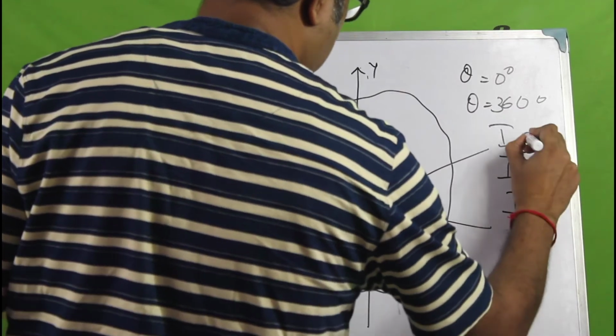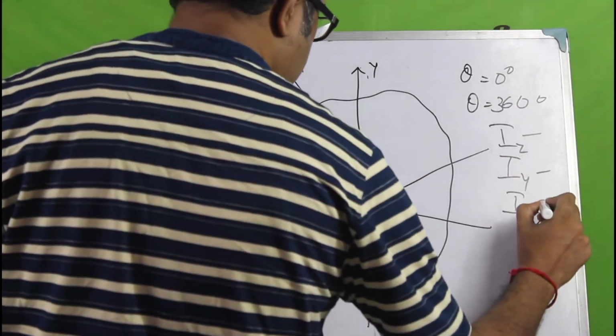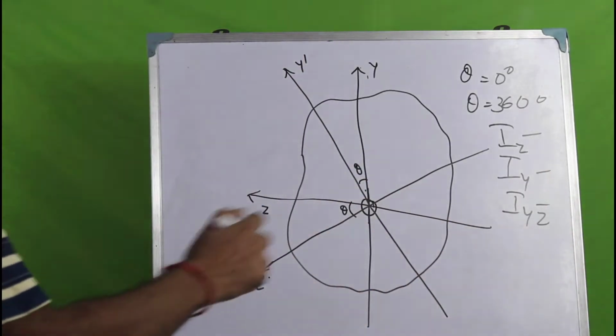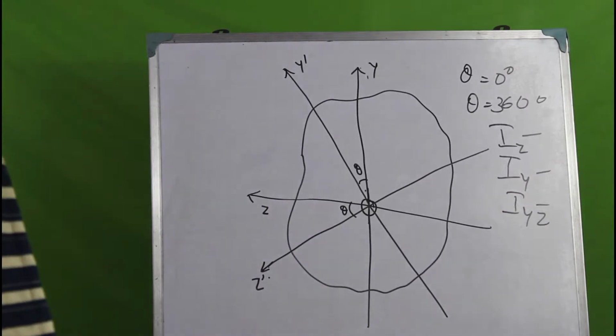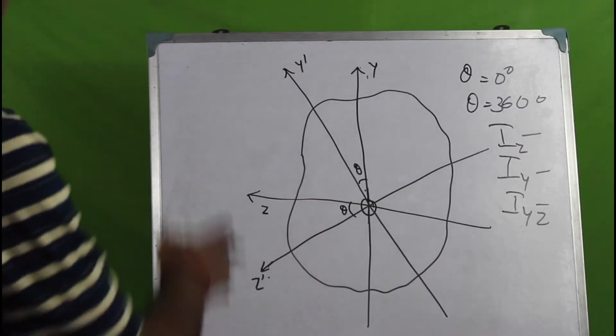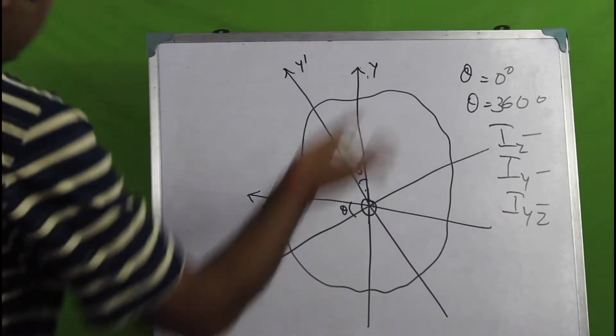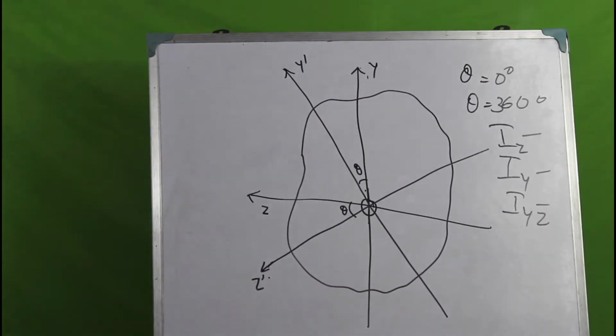So this is the moment of inertia about z, this is the moment of inertia about y, and this is the product of inertia about this set of axes y, z. Now the question is, if we know this, can we calculate the moment of inertia and the product of inertia about this new centroidal axes y dash and z dash? We will see that now.